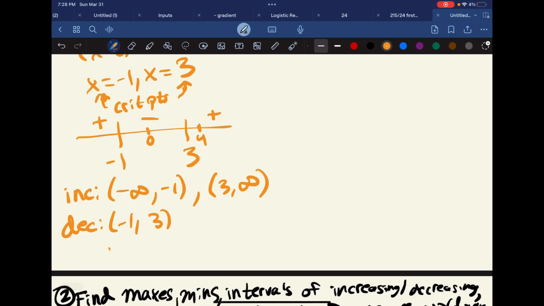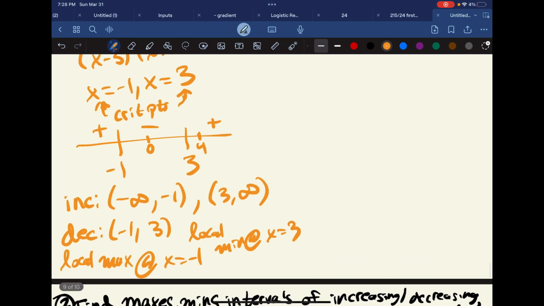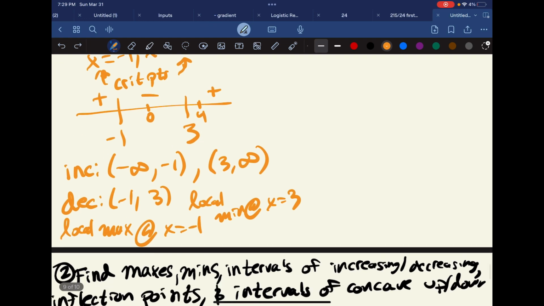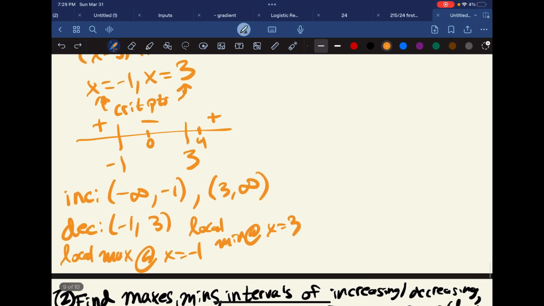So we have a local max at x equals negative 1, and then we have a local min at x equals 3. We have a local max because we go from increasing to decreasing at negative 1, and we have a min because we go from decreasing to increasing at 3. So that's why we have our local max and our local min.